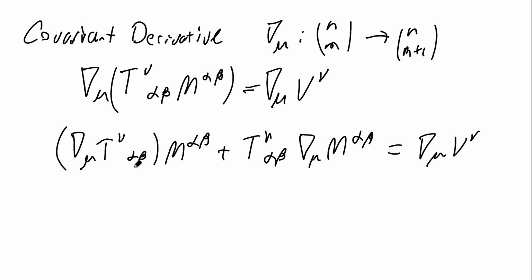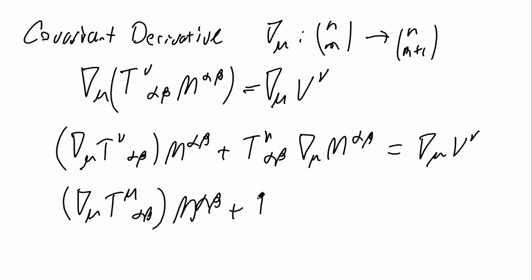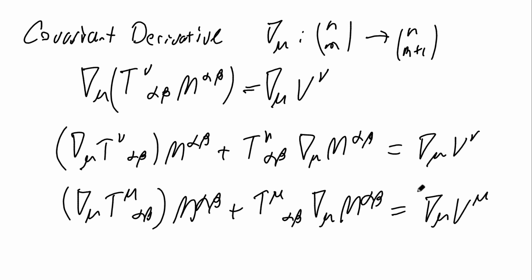We can contract indices, for example on μ and ν, so we can multiply both sides of this equation by the Kronecker delta, upper μ lower ν, and wire those two free indices together. So this would become ∇_μ T^μ_{αβ} times M^{αβ} plus T^μ_{αβ} ∇_μ M^{αβ} equals ∇_μ V^μ.